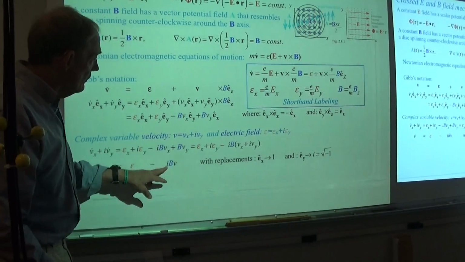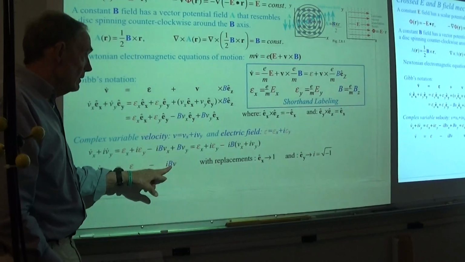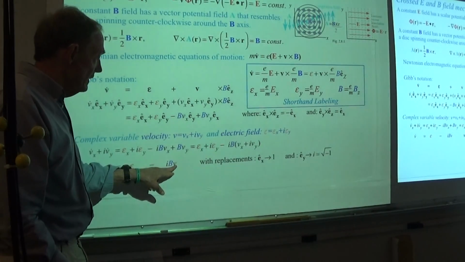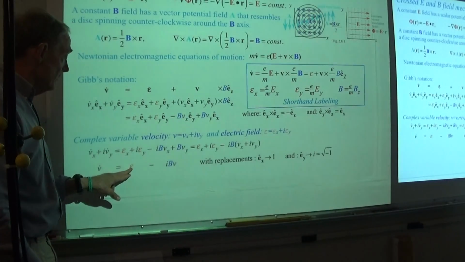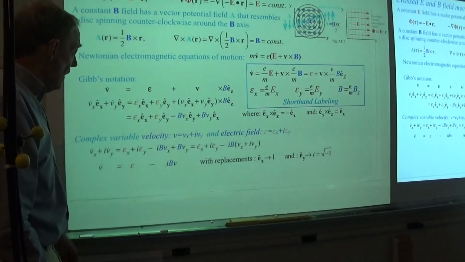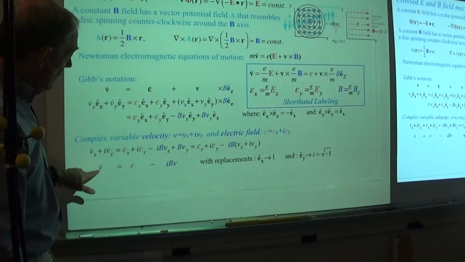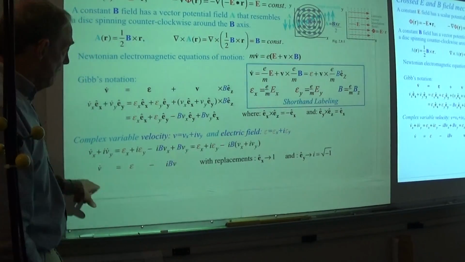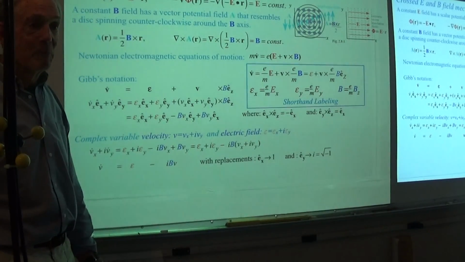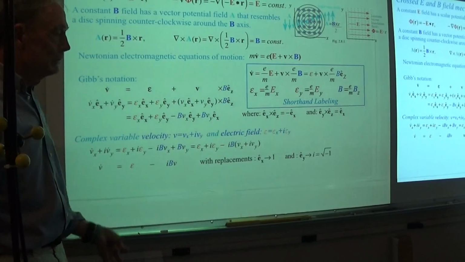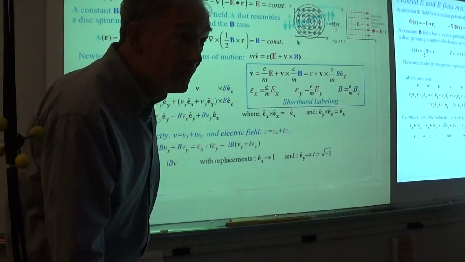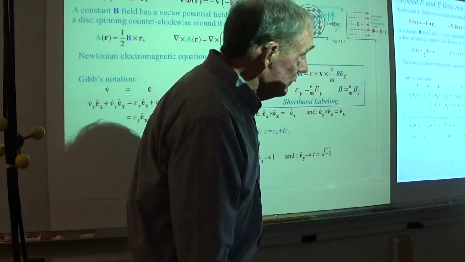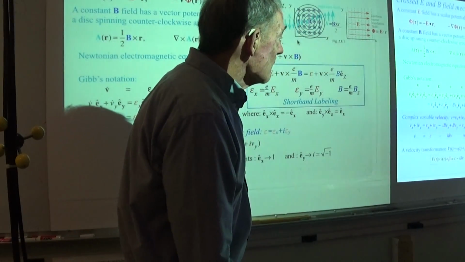In any case, this is the b, that's a real number, times a complex number v. This is a complex number E for the electric field, and there's the velocity dot. So this is the equation we're working with now. That's simpler, right? We can take derivatives and integrals of that thing until you're blue in the face, and it's easy to write them all out. So that's what we're after here, okay?